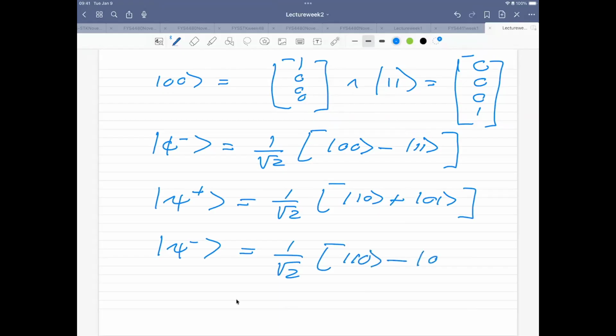So I can show that these states, in the same way as I could make states which are eigenstates of linear combinations of Pauli X and Pauli Y matrices, instead of the 0, 1 bit states, I can show that these four states also form an orthogonal basis. But this is an orthogonal basis which is now entangled, and it cannot be written as a product of the computational basis states.